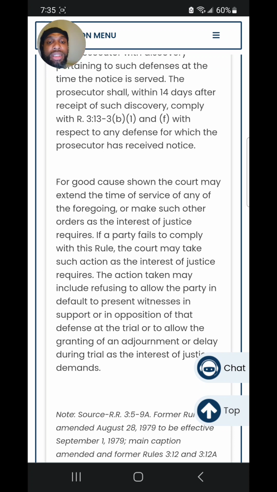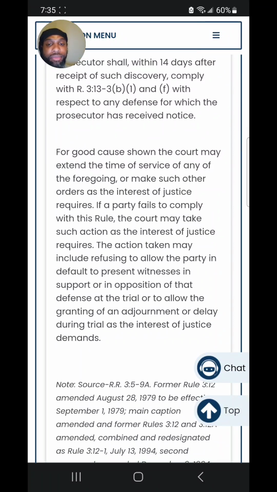Pardon me, I'm adding words and stuff. May extend the time of service of any of the foregoing and make such other orders as the interest of justice requires. If a party fails to comply with this rule, the court may take action as the interest of justice requires.